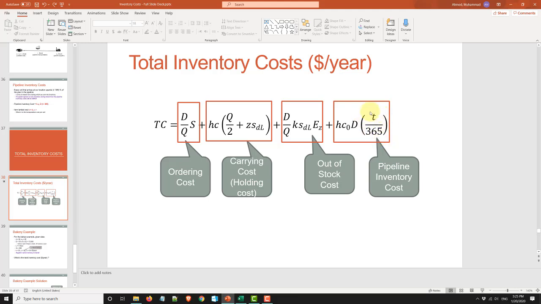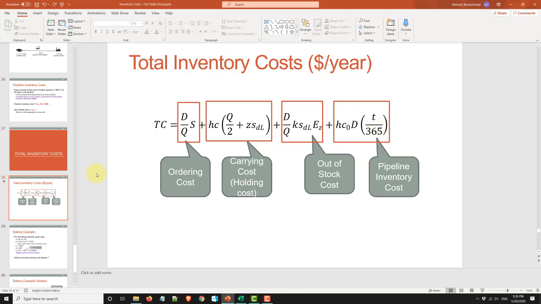So you convert the transportation time into a ratio, okay, which is what fraction of a year does the item spend in transit on the way to your facility. Okay. That fraction multiplied by D times C naught times H gives you the pipeline inventory cost. Again, it's like a holding cost, like a carrying cost, but you carry this stock for a fraction of the year, not the whole year.